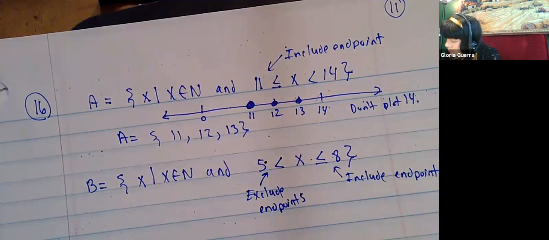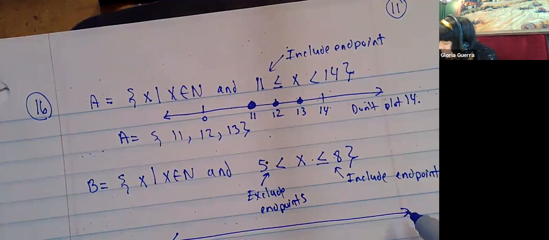So again, I'm going to start with a line graph. Zero somewhere over here. So I have 5, 6, 7, 8.